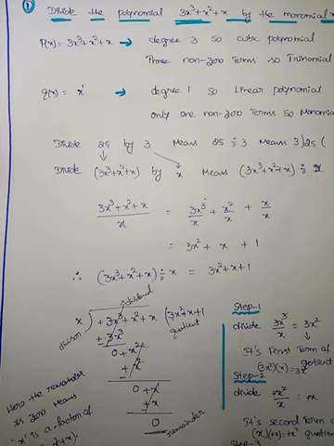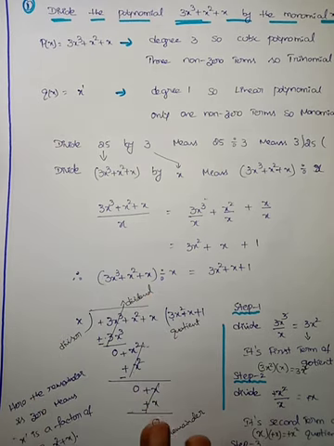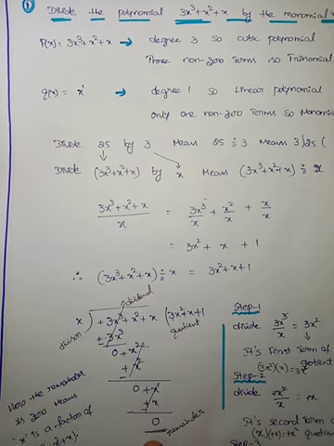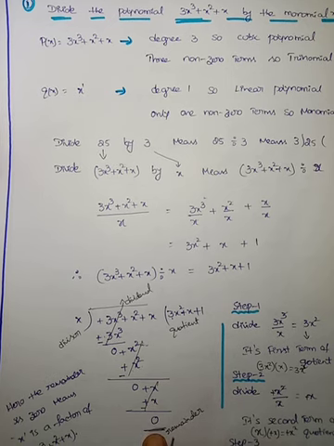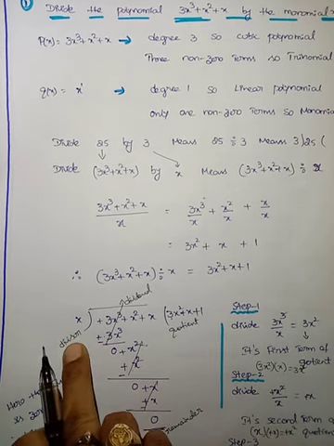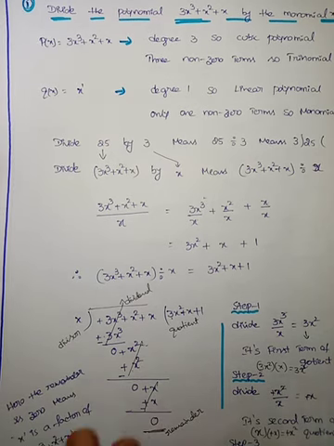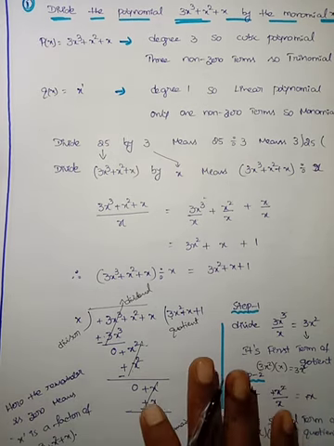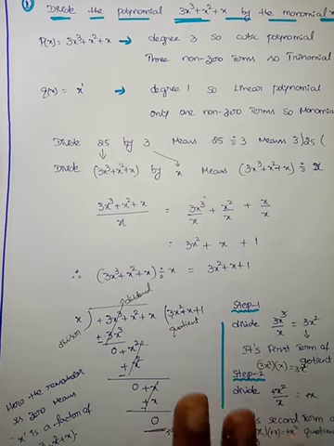When the remainder is 0, you stop. Or when the remainder's degree is less than the degree of the divisor, then also you stop. It means the problem is completed.